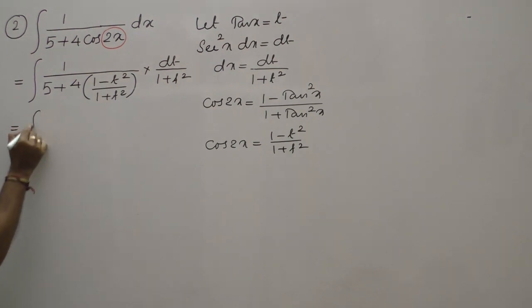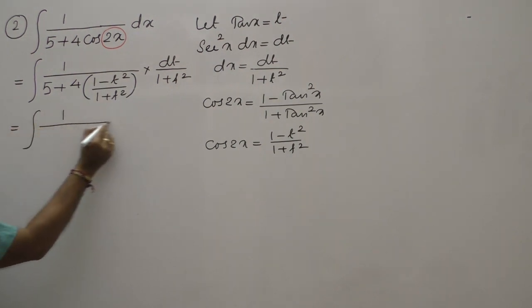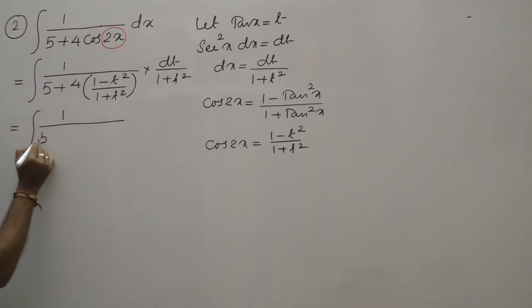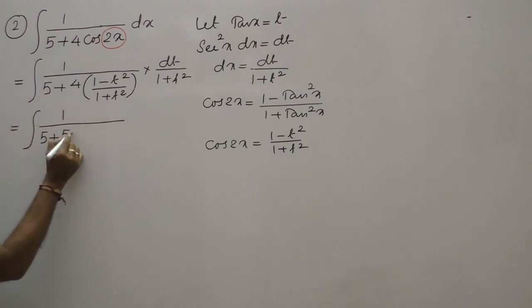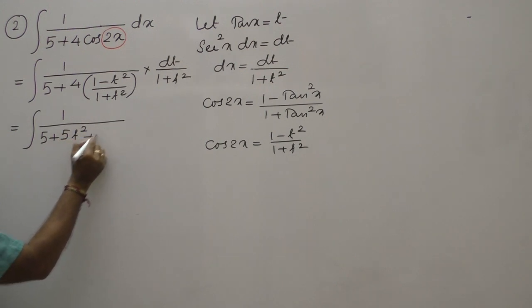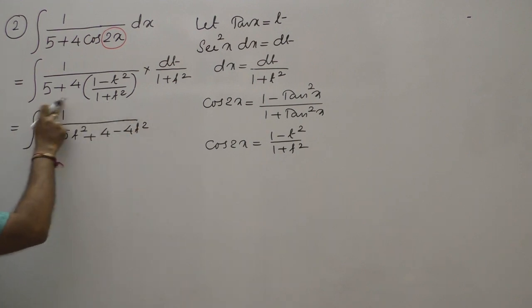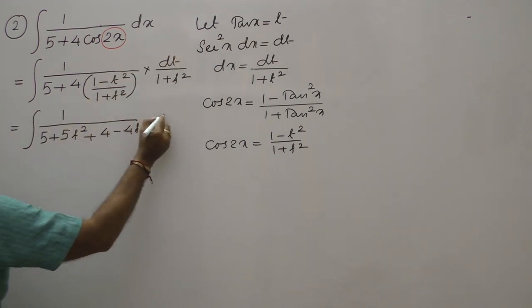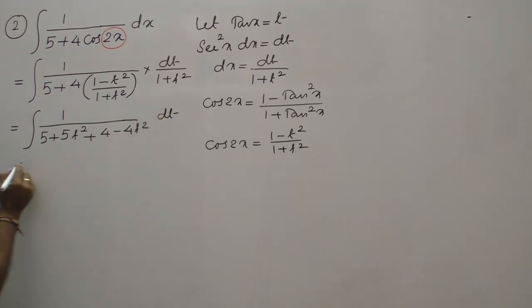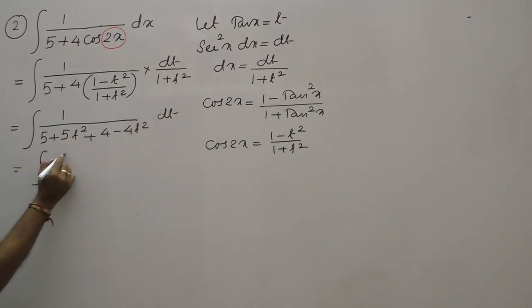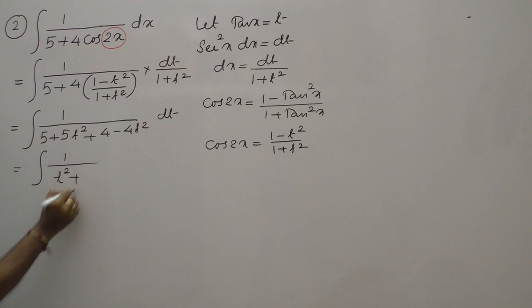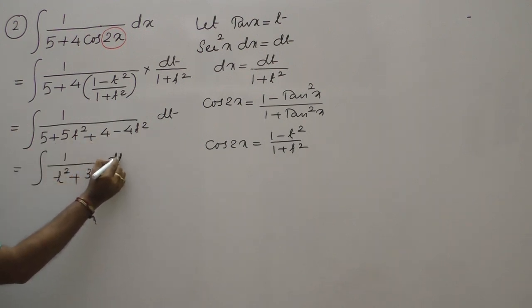Yes, this implies 1 divided by, I shall take LCM here, then I will get 5 plus 5t square, here 4 minus 4t square. This LCM 1 by 1 plus t square gets cancelled. Therefore, now this is integral 1 divided by 5t square plus 4 minus 4t square, which is t square, 5 plus 4, 9. 9 means 3 square, into dt.